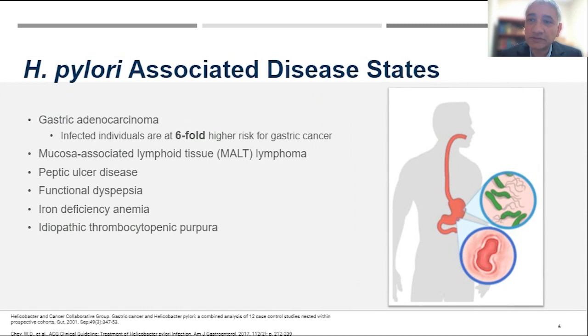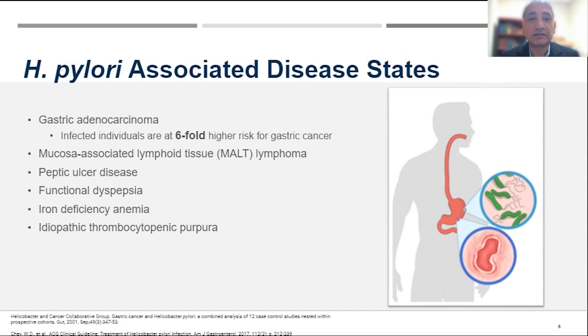H. pylori, as we discussed, can cause a chronic inflammatory state, and various disease states can emerge from this chronic state of inflammation. There is a known association and indeed causal association between H. pylori infection and gastric adenocarcinoma.